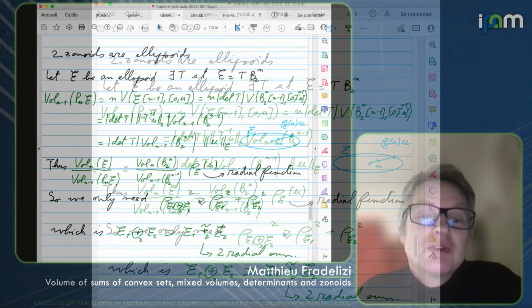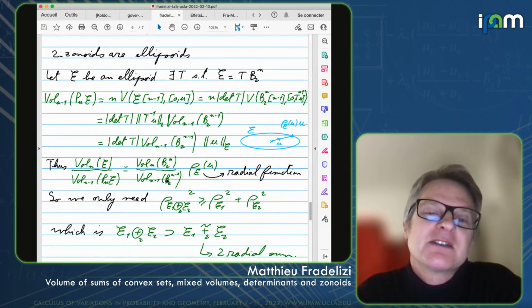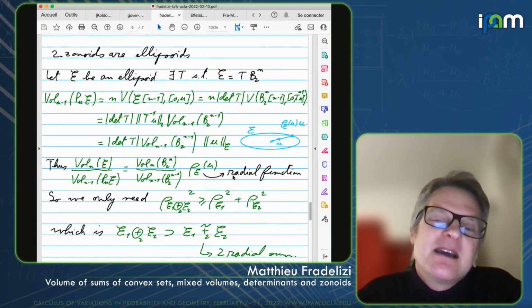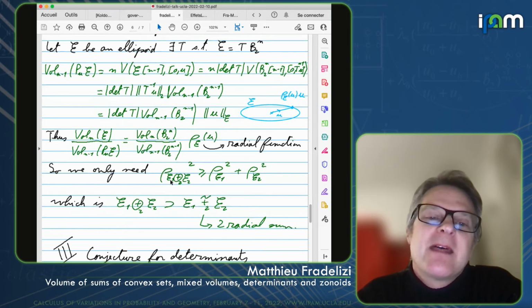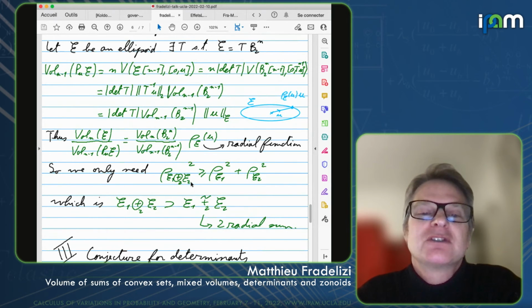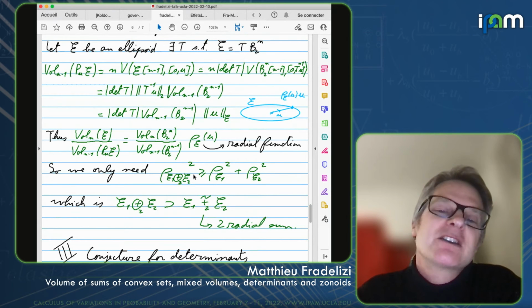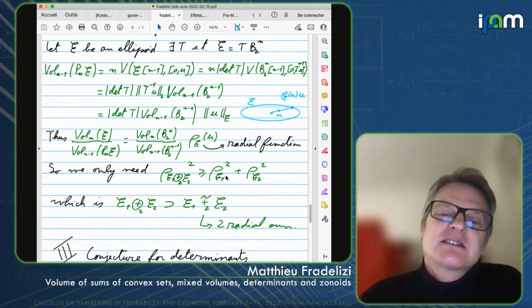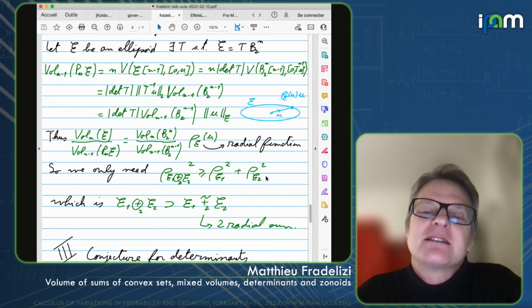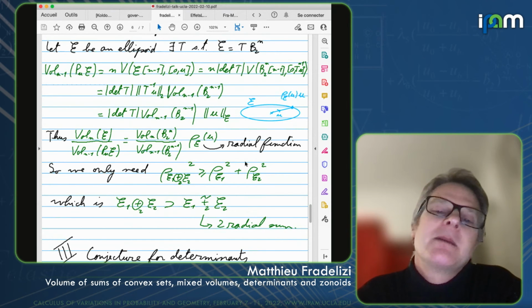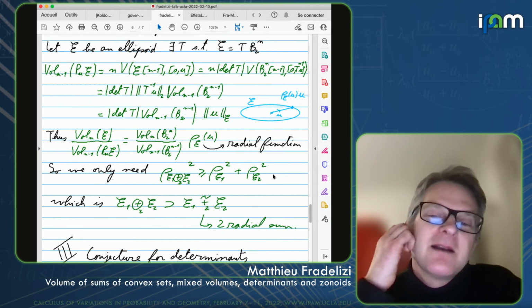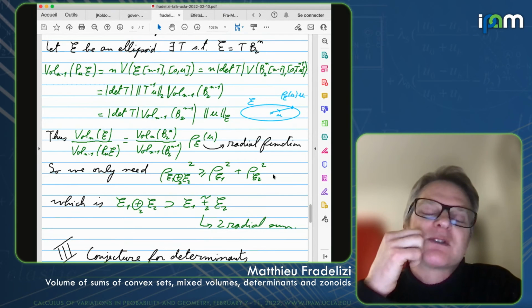So what we want to prove is, we can cancel the constant which appears on both sides, and we just want to prove that the radial function of a Minkowski 2-sum squared in direction u is larger than the sum of the squares of the radial functions of each ellipsoid.